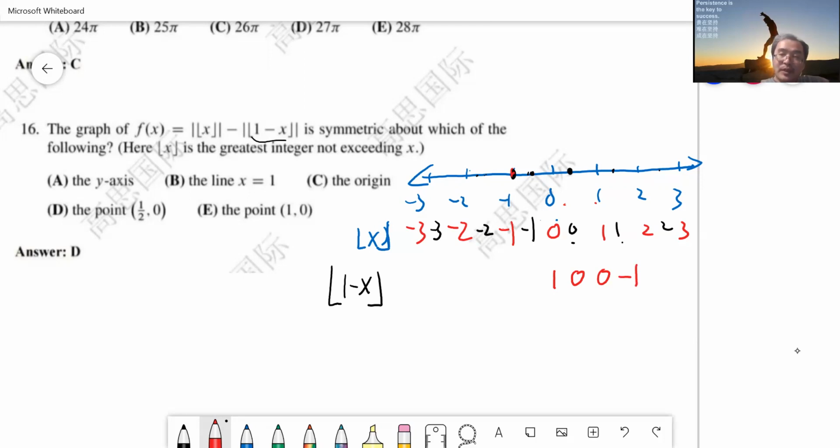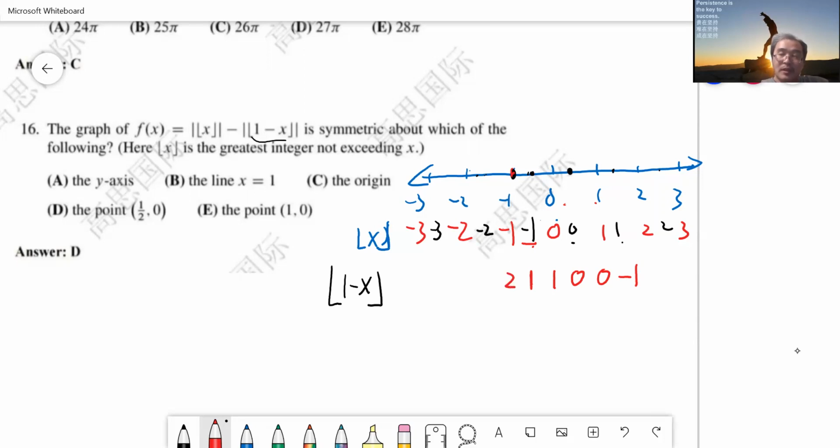So then we can continue this side. We have some number between 0 and negative 1, for example, negative 0.5. Then 1 minus negative 0.5 is 1.5. You do the flooring, that's 1. Right? So continue, we have negative 1, 1 minus negative 1 is positive 2, then do flooring, that is 2.